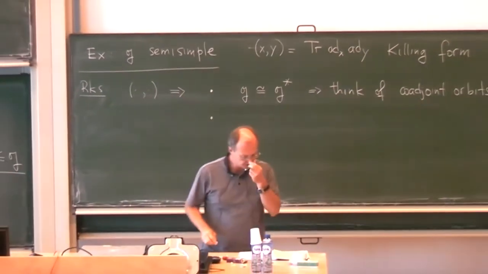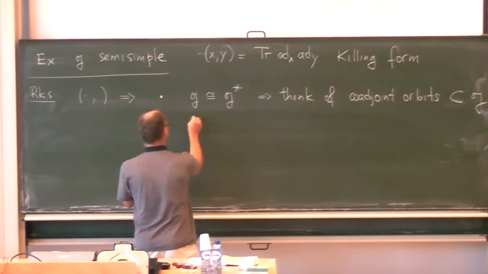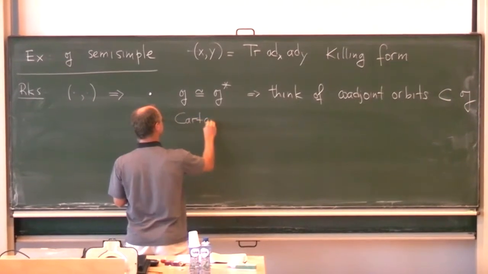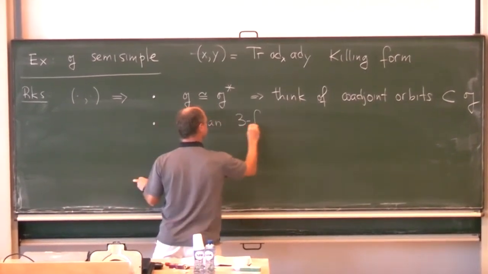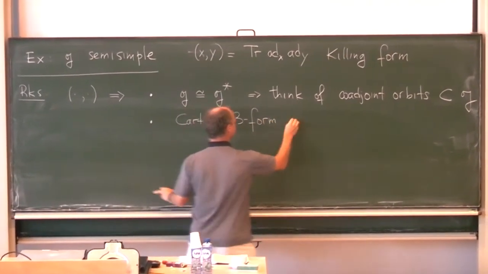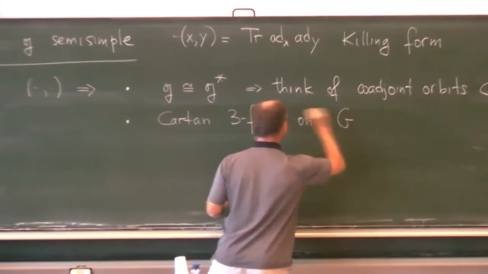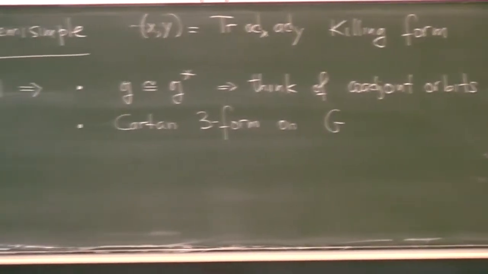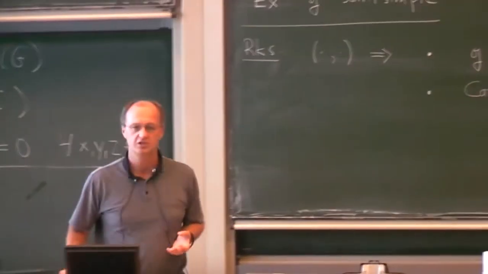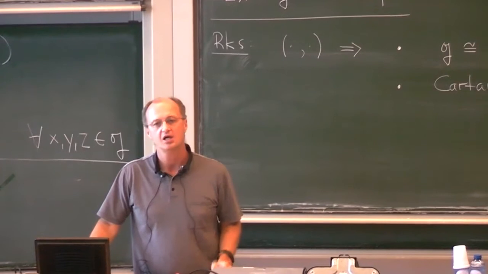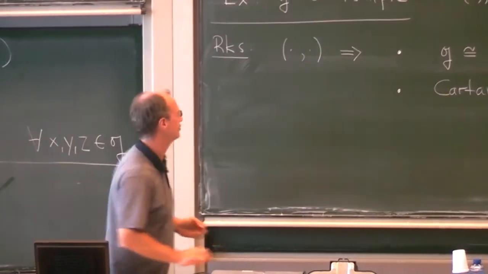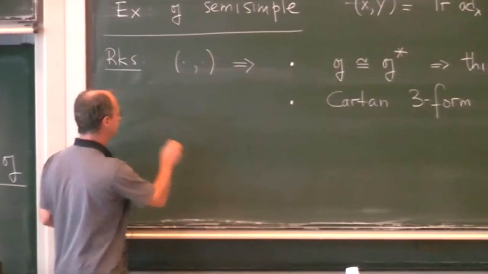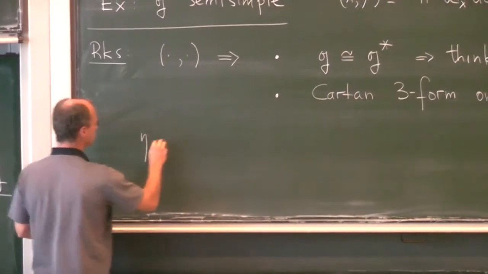The other interesting construction is the so-called Cartan's 3-form on G. Once you have this invariant scalar product, you have canonically a bi-invariant 3-form on G. Let me write it down explicitly.